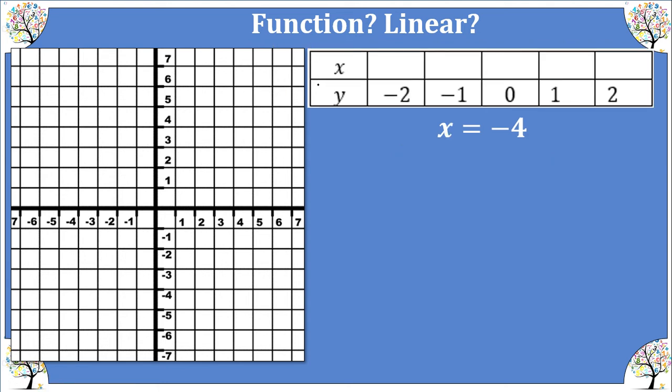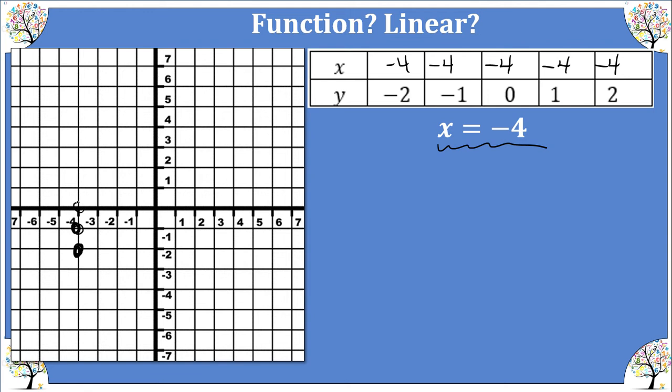And let's do this one. This time I don't have input values because the rule says x is -4. So now no matter what my y value, it says x has to be -4. So let's plot this. So we have -4, -2. We have -4, -1.